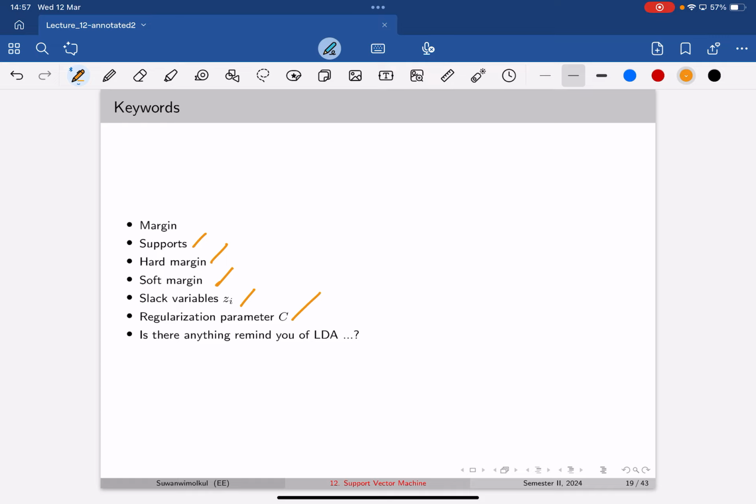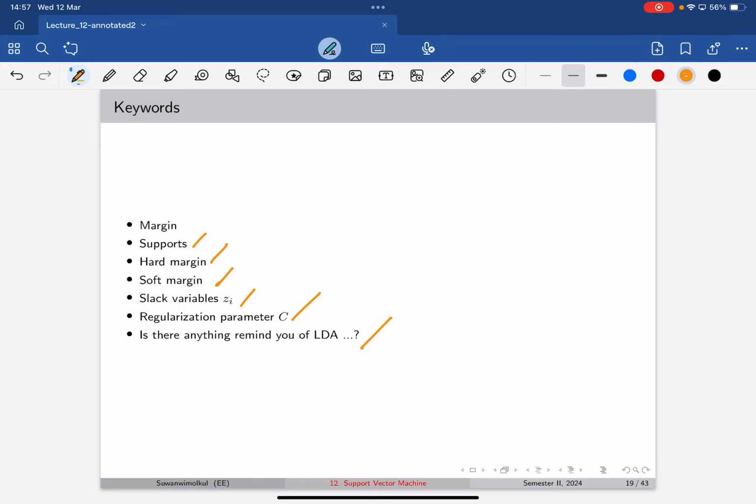What is the regularization parameter? That is the weight between the slack variable term and the distance minimization. And lastly, does any of this remind you of LDA? It probably does, because LDA is a linear boundary separation, and SVM has linear separation and hyperplane cutting.